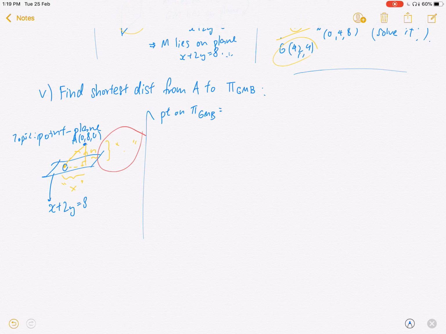But any point, you just need to satisfy this plus this equals to 8. I always like to use 0. Let y be 0, then we just have x equals to it, right? If y equals to 0, there's no z here, then x must be 8. Correct? 8 plus 2 times 0 is indeed 8. So the point 8, 0, 0 must lie on this plane. I have artificially created one, but it's true. So this point here, okay, let me call it P3.